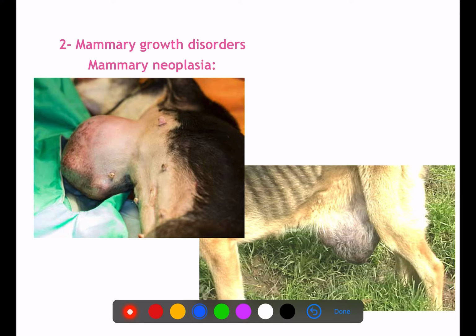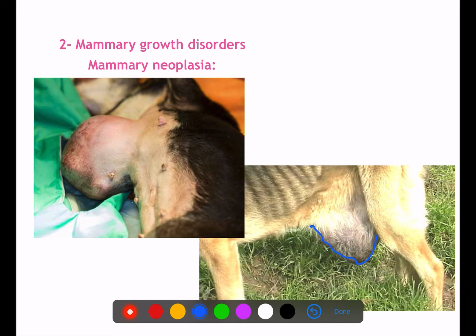In cat, 19% malignant; in dog, 18% benign. The most common type of mammary neoplasia is adenoma or adenocarcinoma.